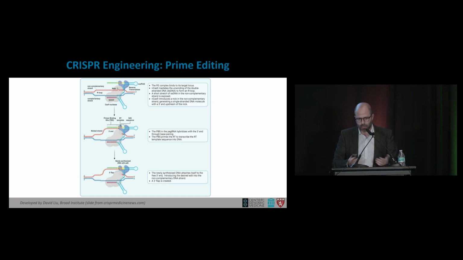So again, no double-strand cut. You just nick, you release the one piece of DNA, and then using the template, you can add the sequence that you want to introduce there or replace. And these are safer strategies for gene editing, avoiding the double-stranded cuts.